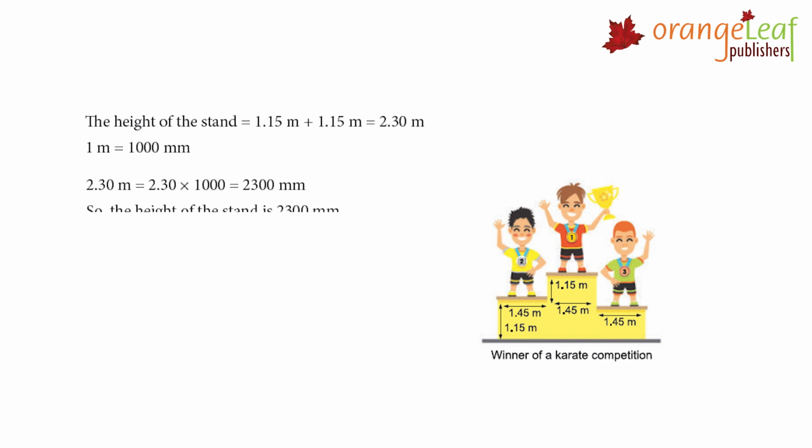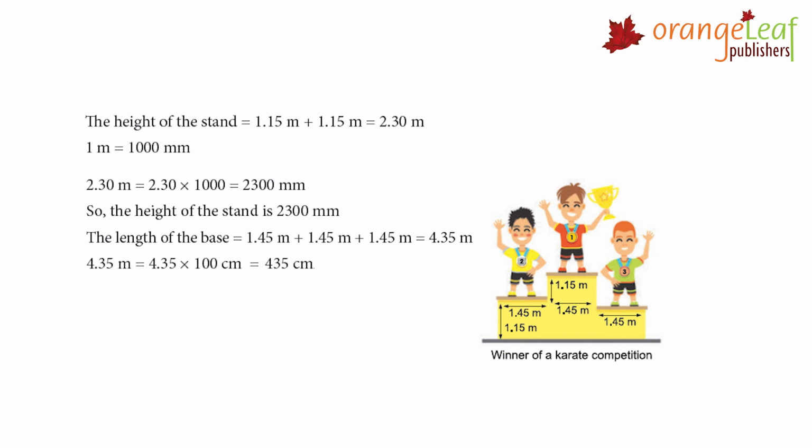Now let's find the length of the base, which is 1.45 plus 1.45 plus 1.45 meters, which is 4.35 meters. To convert this into centimeters, we must multiply 4.35 meters into 100. Makes it 435 centimeters. So the length of the base of the stand is 435 centimeters.